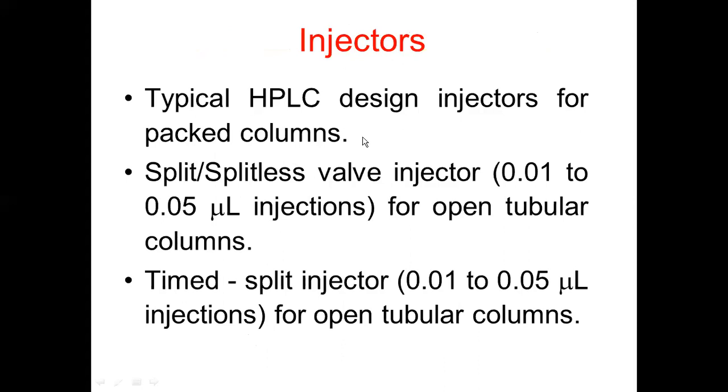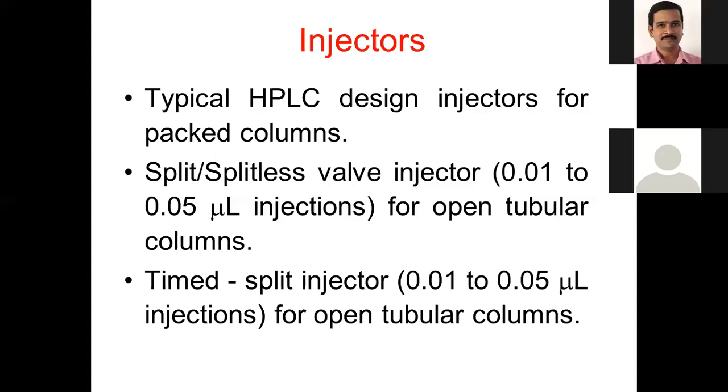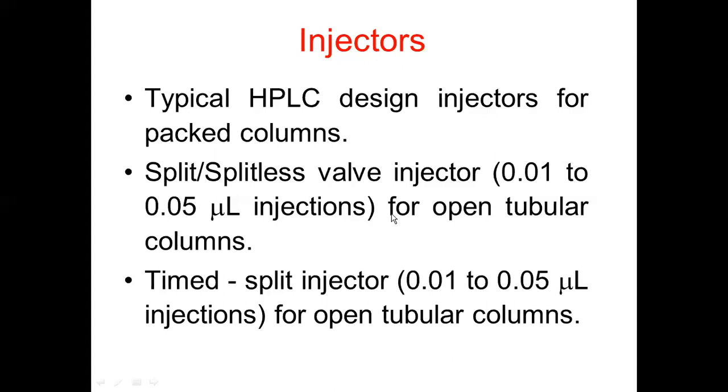Even splitters, and without using splitters, we will be introducing the sample, because the advantage of using a splitter is to avoid overloading of the sample to the chromatographic column. Whatever adequate size of the sample is required, only that much will be introduced into the chromatographic column, and the rest of the sample will go as waste. That is what the splitter or splitless injection system does, especially for open tubular columns.